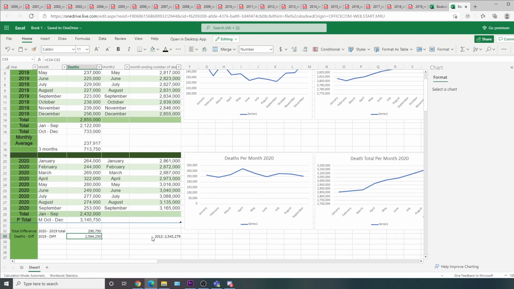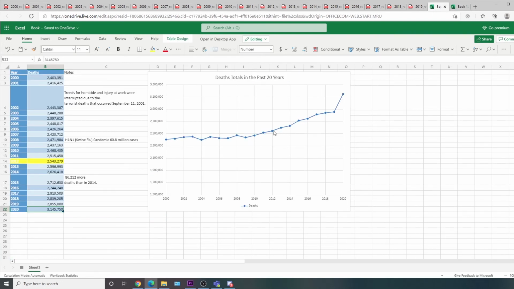We haven't had 2.5 million deaths since 2012. It took us from 2012 to raise up by 300,000 deaths. That's 7 years. We accomplished 300,000 deaths within a year. That took us originally 7 years. So I'm just trying to make a point that having 300,000 more deaths is something that is not normal.